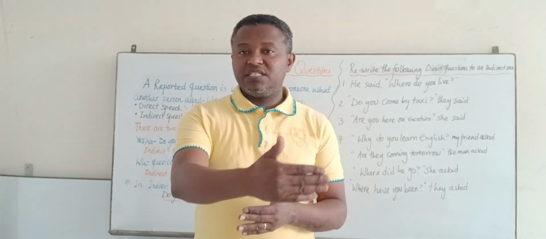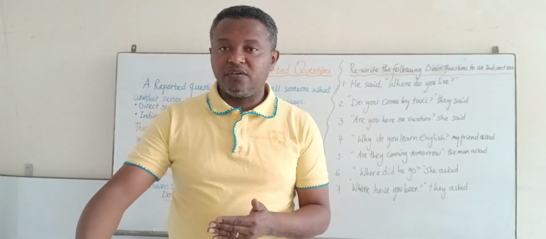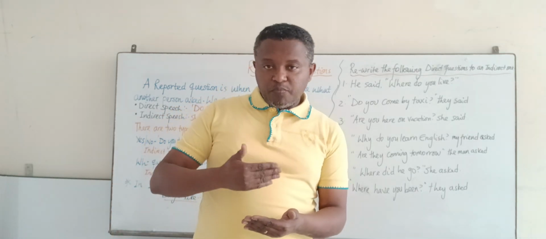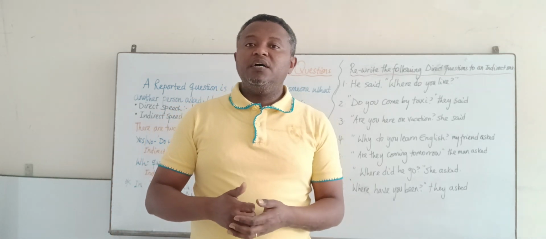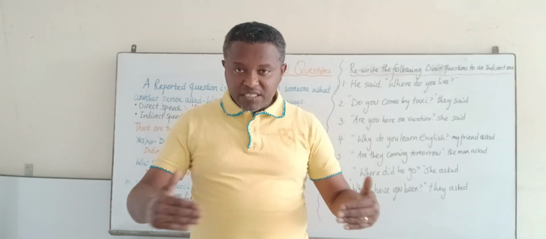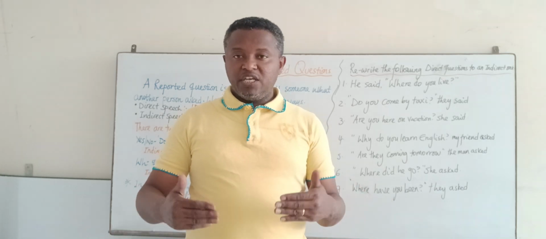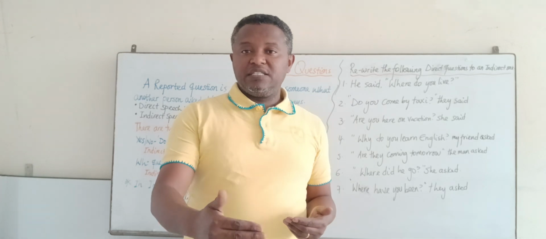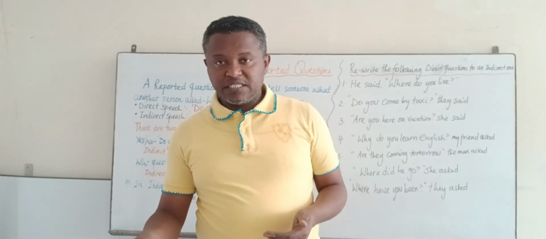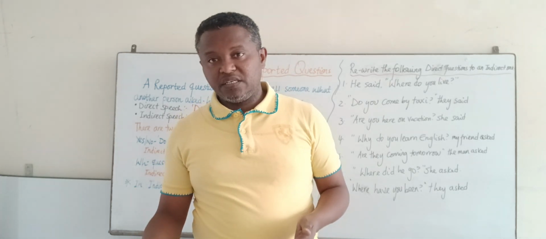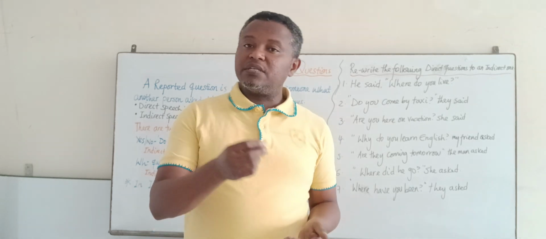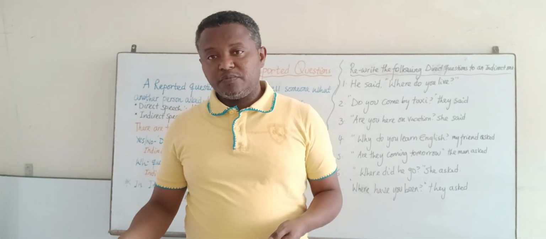That means if the original statement is in the present tense, the reported statement will be in the past tense. If it is a past form, it will change into past perfect form. So present simple will be changed into past simple, present continuous into past continuous, present perfect into past perfect, present perfect continuous into past perfect continuous.